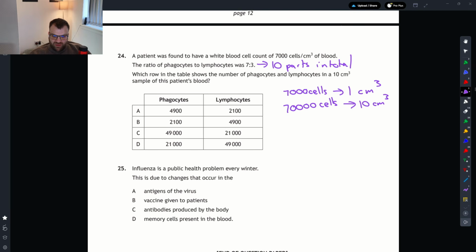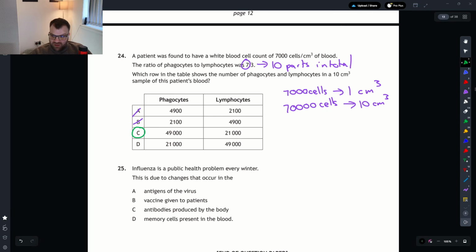So we might actually be able to get away without doing any number crunching. Because it's 70,000, the 2 numbers have to add up to 70,000. Those don't, they only go to 7,000. That's there in case you don't catch, you need to scale it up by 10. So I'm going to rule those out instantly. It's a 7, bigger side is phagocytes. There must be more phagocytes than lymphocytes.